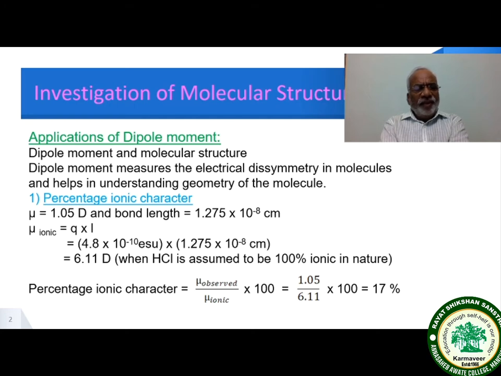It is much less than 6.11 Debye, which is evaluated from theoretical data. Q is theoretical value, L is also theoretical value.